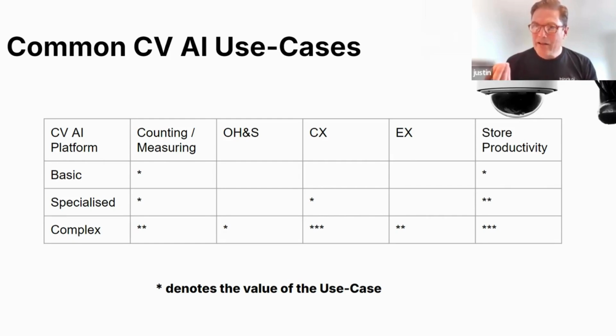Is it via a supported checkout process, or is it a self-service process? So there is a lot of information in that entire customer journey that is available from computer vision AI platforms.